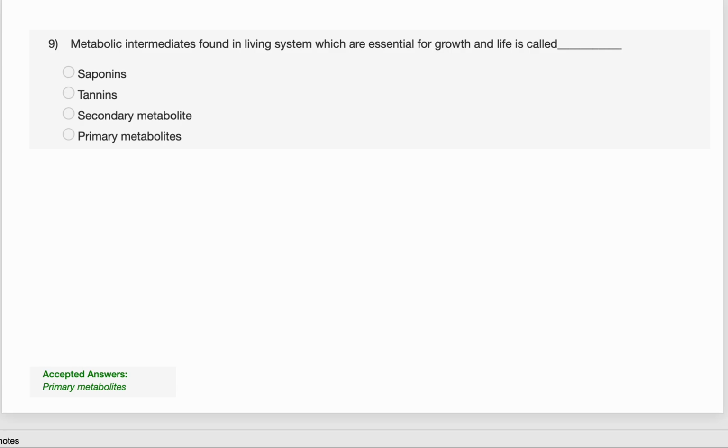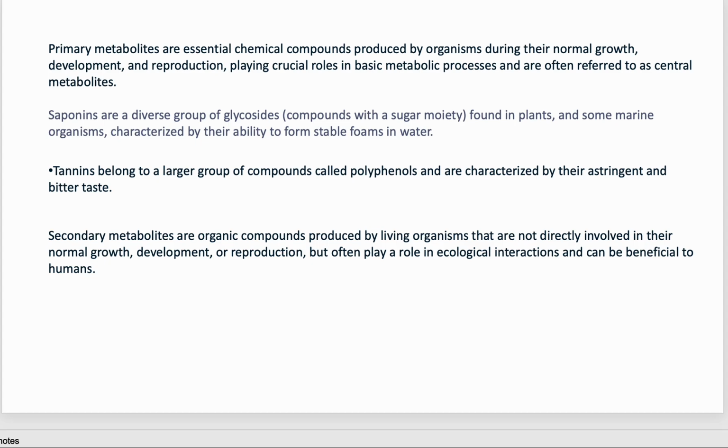So let's discuss what saponins, tannins, secondary and primary metabolites are. Primary metabolites are essential, see, the keyword being essential, chemical compounds produced by organisms during normal growth, development, and reproduction. They play a crucial role in basic metabolic processes and are often referred to as central metabolites.